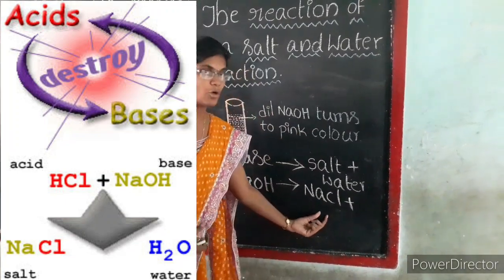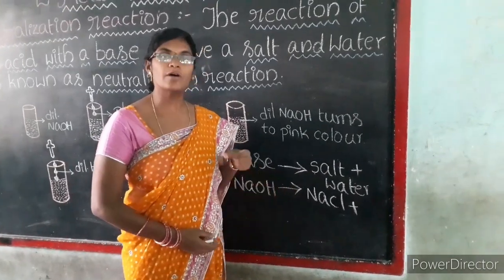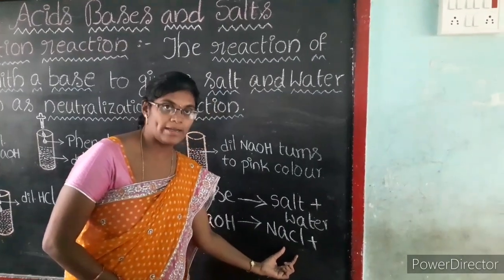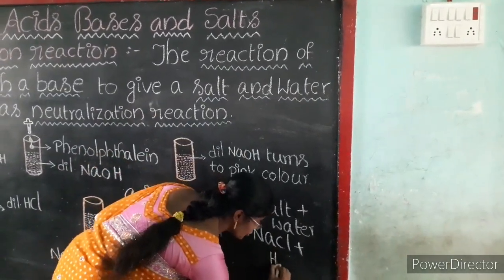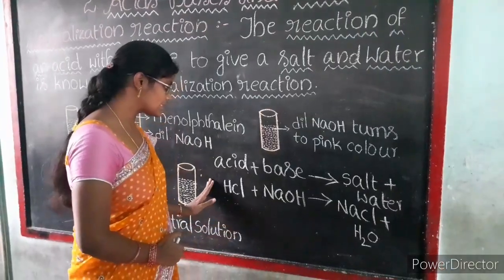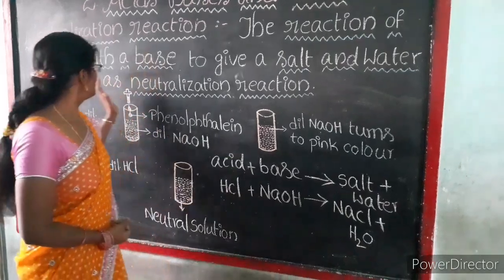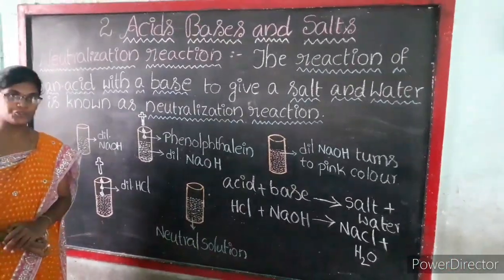This is the common salt. What is the salt generally we use in our houses for cooking? That is called sodium chloride, NaCl, salt, plus water, H2O. So this is the chemical equation for the neutralization reaction of NaOH and HCl solution.